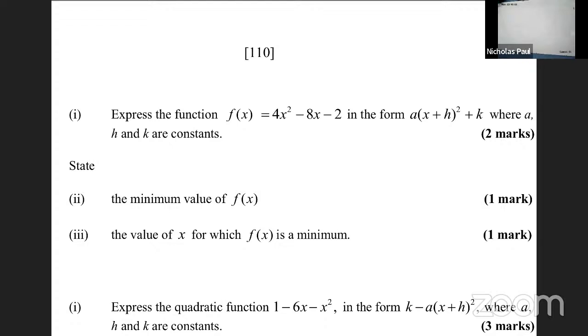Somehow just look at it, right? What was the next one?